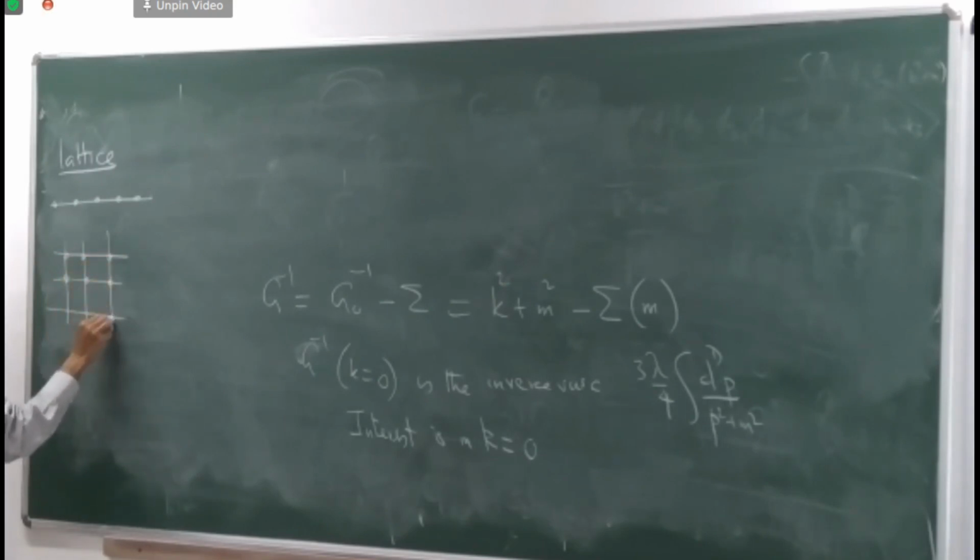The 1D could have been done in very many ways. The 2D is more difficult, and the technique which gets it exactly is quite tough.